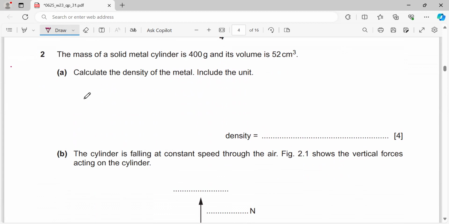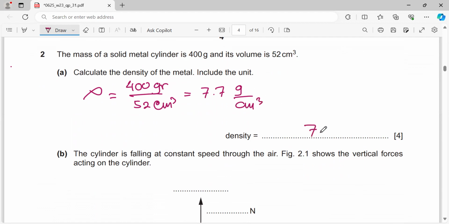The density equals 400 grams over 52 centimeters cubed. So the result is 7.7 grams per centimeter cubed. So 7.7 here.